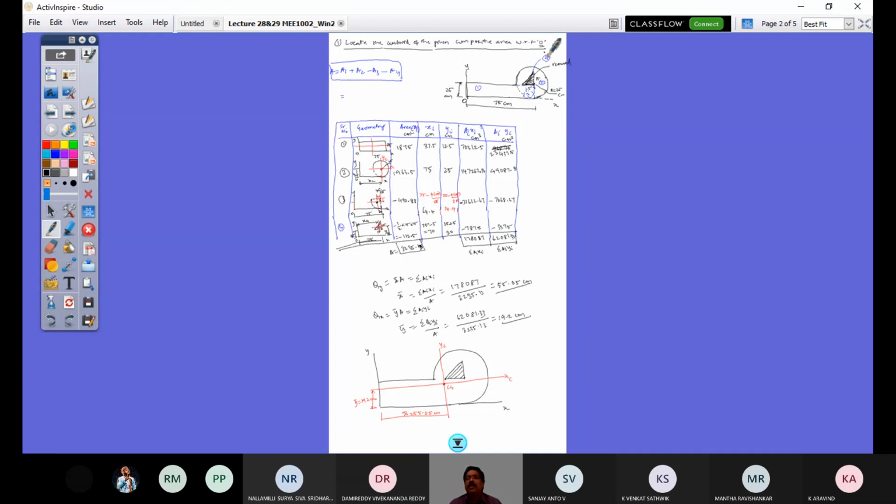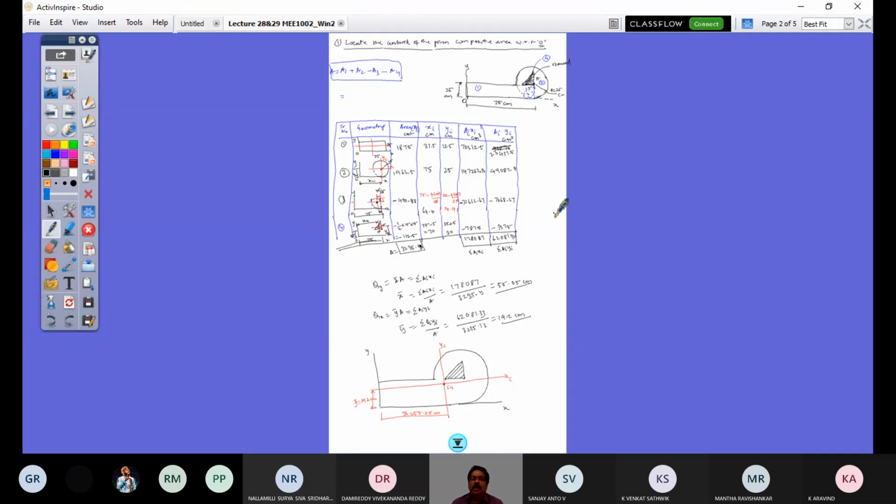But in case of a composite section where you do not have an axis of symmetry, obviously you require a reference to represent your composite section. So in this case, we have this XY axis set so that the entire composite is accommodated in the first quadrant, and you are able to describe them with the standard geometries, and you are able to solve using the knowledge of the formulas for the standard geometries about this XY axis set, finding its first moments.